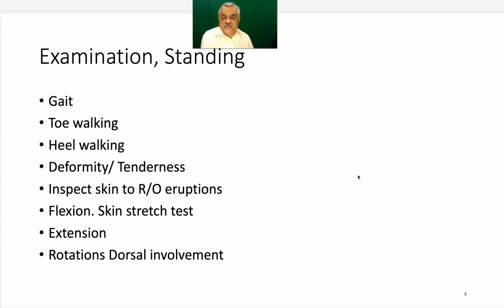Then when the patient is with his back towards us, we look for deformity in the back or tenderness anywhere in the back by palpating the midline, by palpating the spinous processes, and maybe gently tapping those spinous processes with our fingers or with our hammer, which we use to elicit the deep tendon reflexes.